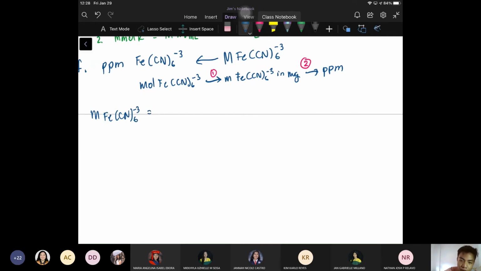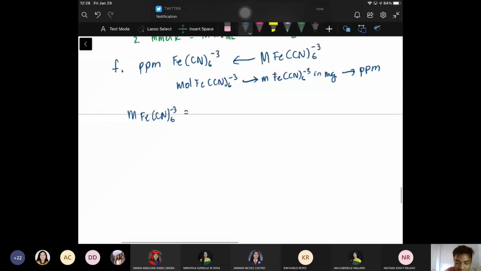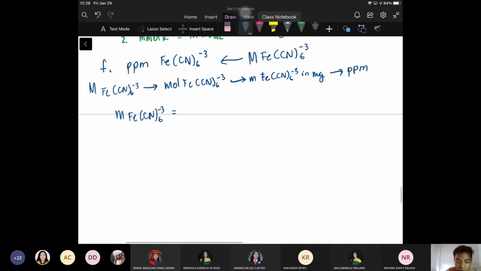Paano yan? O from mole to mass, start pala tayo sa molarity. Okay, kaya pala sabi ko 3 calculations. So molarity pala muna. So molarity FeCN6 to moles. Yun yung nakalimutan kong step. So from molarity to mole, ito yung step 1. I forgot.